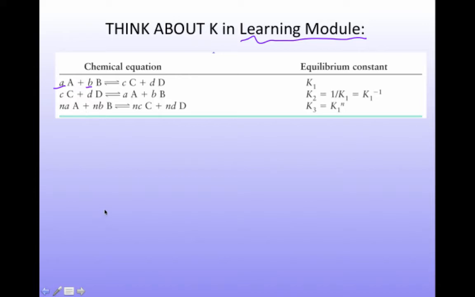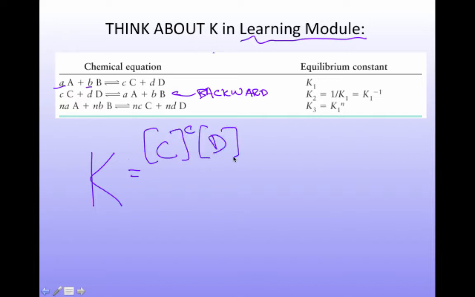If we manipulate that balanced equation, we change K. So for instance, here's my first expression, a moles of A plus b moles of B makes c moles of C and d moles of D. If that is K1, then what happens if I write the thing backwards? If I do this as concentrations, I've got K is C raised to the power c, D raised to the power d, products divided by my reactants.